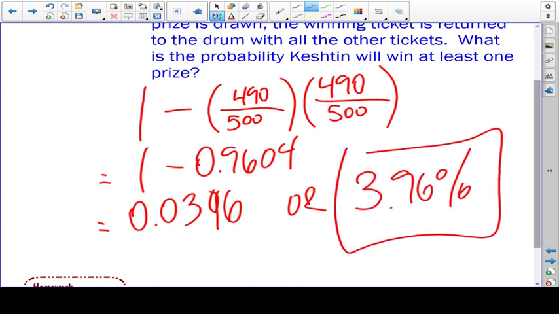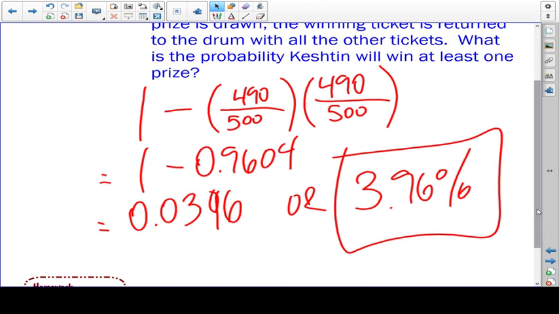That is the probability that he wins at least one prize. Okay? So he buys 10 tickets, and that gives him about a 4% chance of winning one of the 2 prizes. All right.